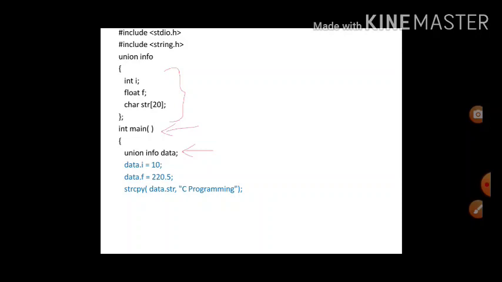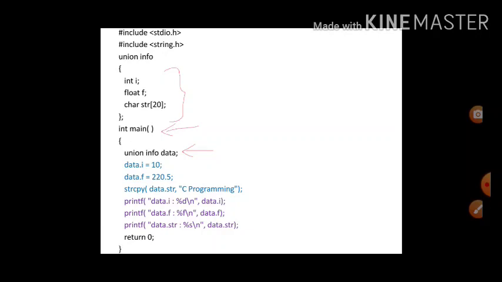First i is initialized to 10, immediately floating point value f is initialized to 220.5, and then as the last thing, the string is initialized to C programming. Now let us print it one by one. printf data.i, printf data.f, and printf data.str.